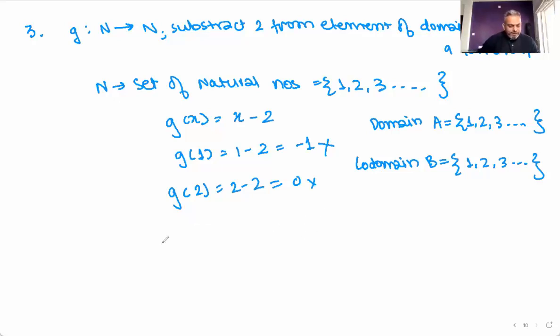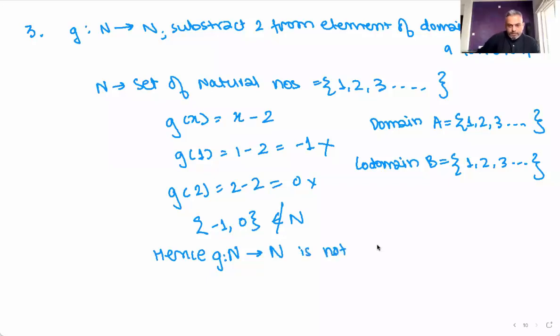So here we can say that -1 and 0 do not belong to n. Hence, the function g from set n to n is not a function. Answer: is not a function.